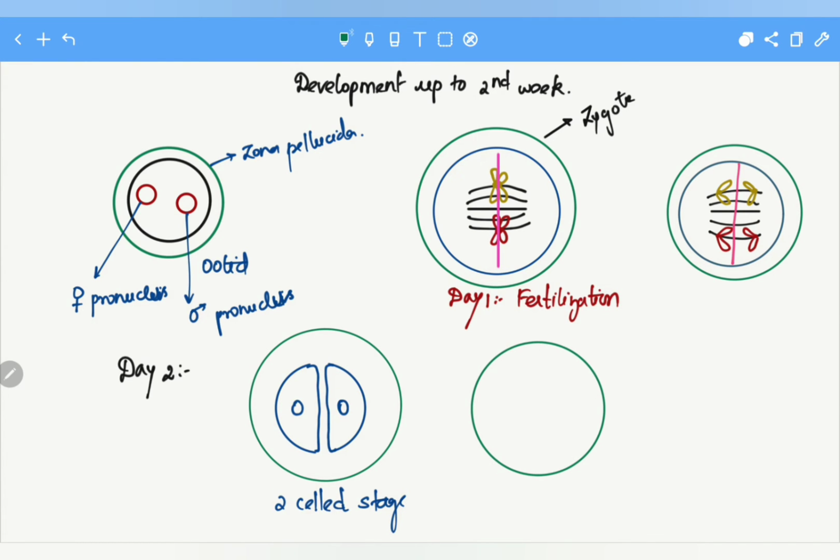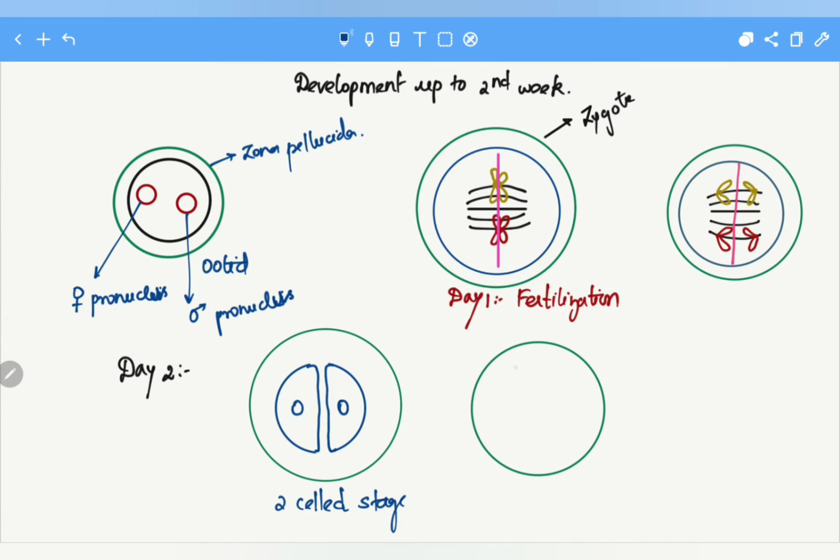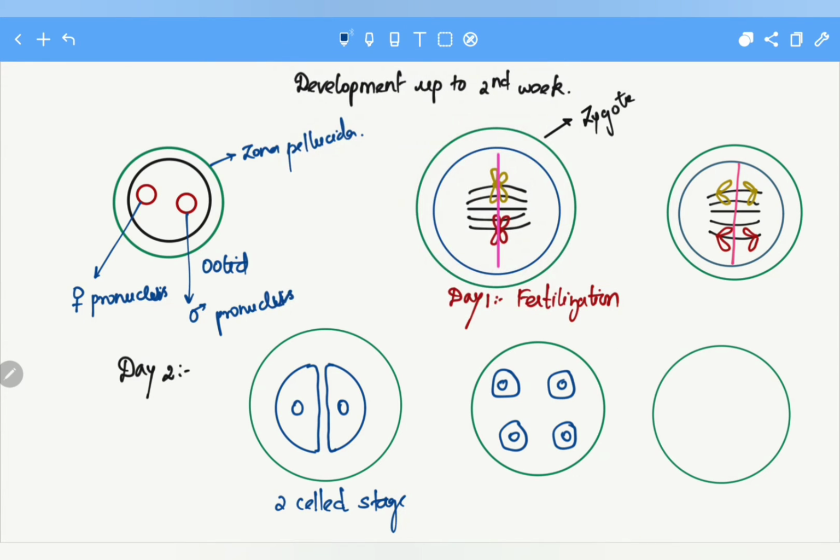This is the Zona Pellucida, as you know. Again it undergoes cleavage and produces four cells. On day 2 itself, it again undergoes cleavage to form an 8-cell stage.